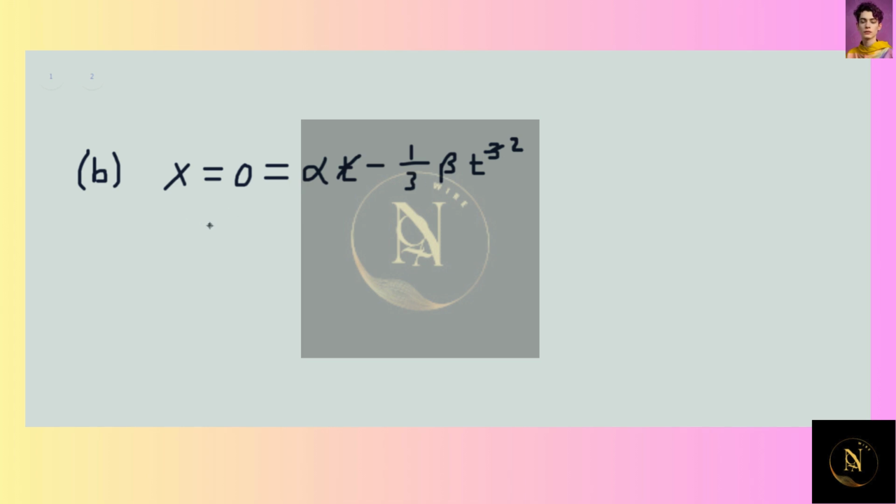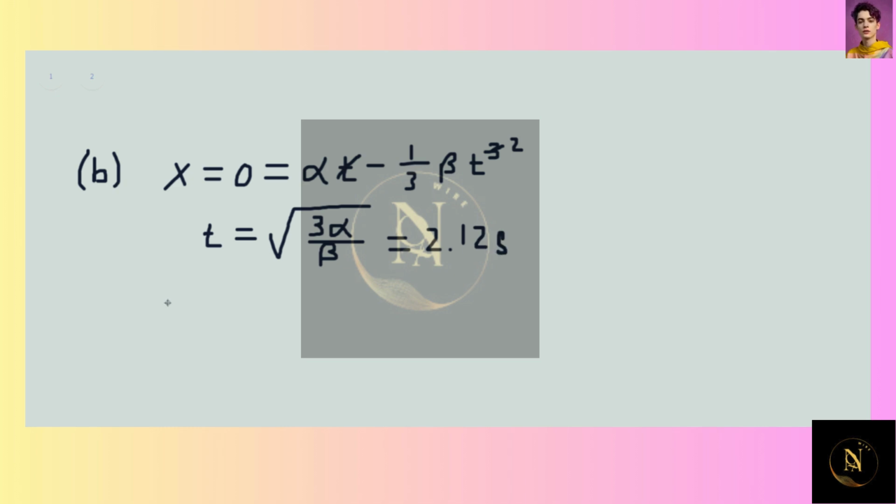So solving for time here, time is equal to the square root of 3 times alpha divided by beta. Plugging in our values for alpha and beta, we find that this is equal to 2.12 seconds.